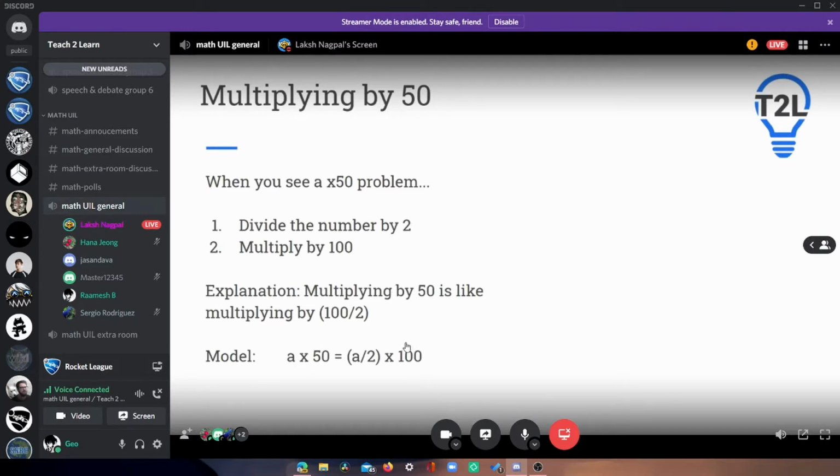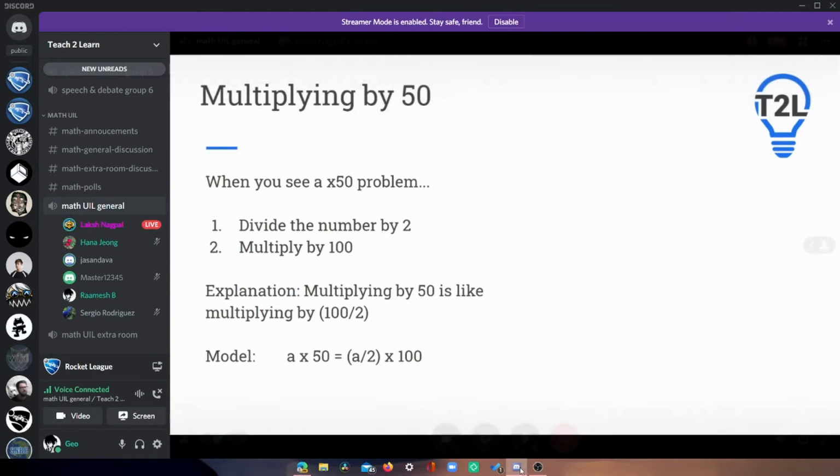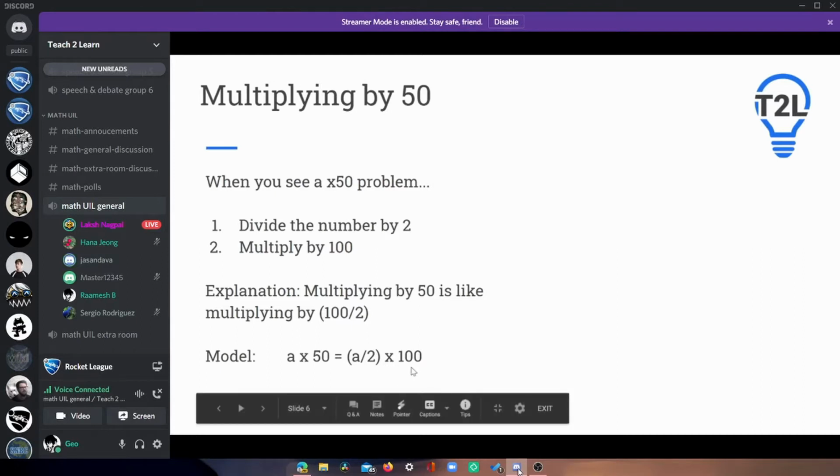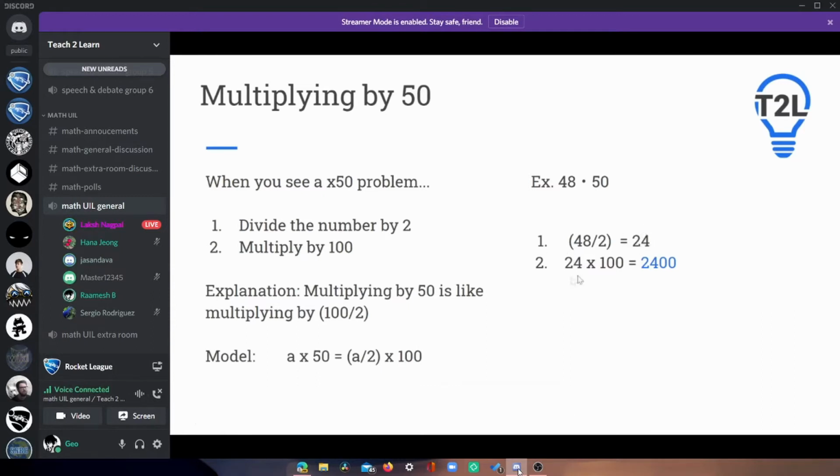So looking at the model, if you have a number a times 50, divide a by 2 and then multiply by 100. For example, for 48 times 50, first divide 48 by 2 to get 24, and then multiply 24 times 100 to get the answer, 2400.